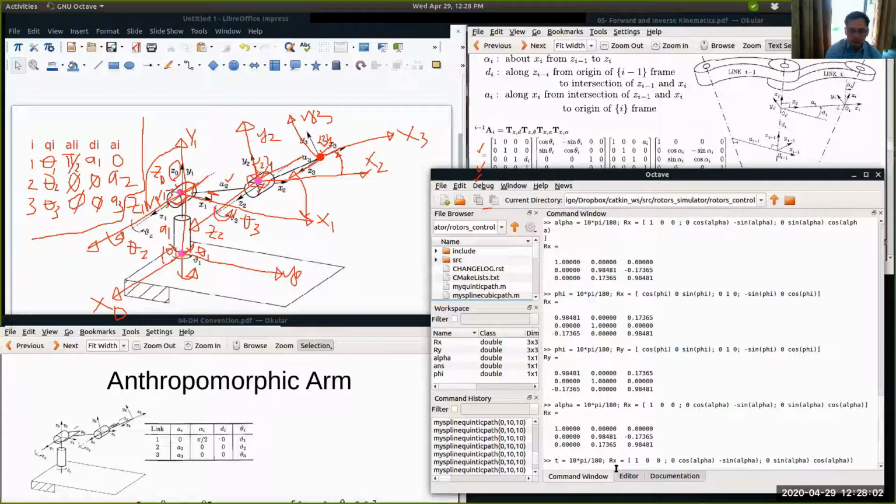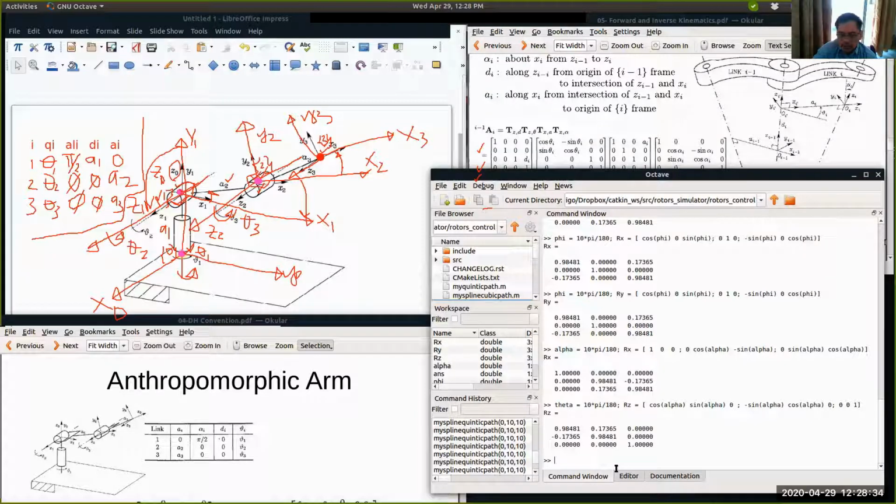So rotation theta about z, and then now cosine, and this is sine, and that's 0. Okay, and here will be minus sine and cosine and 0, and 0, 0, 1. Okay. Yeah, that is z. So that's your rotation on z-axis.